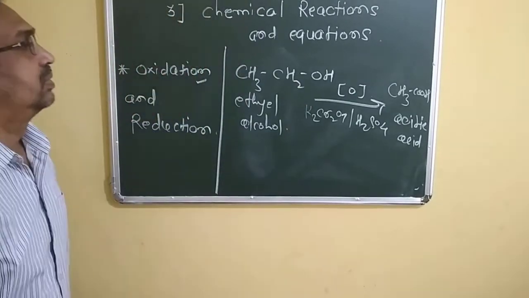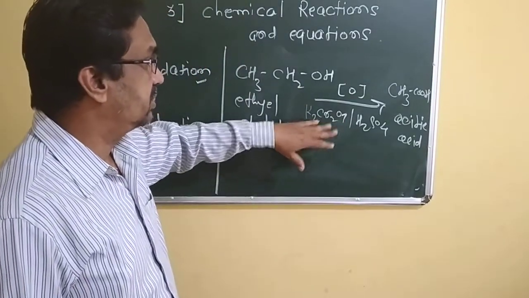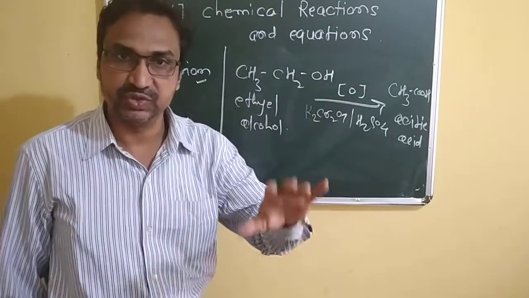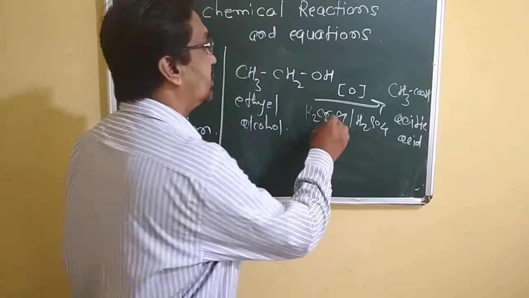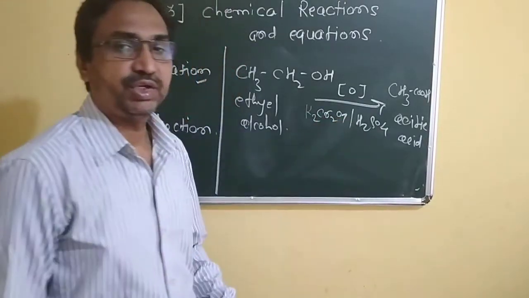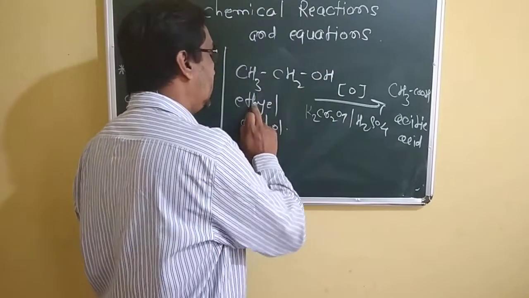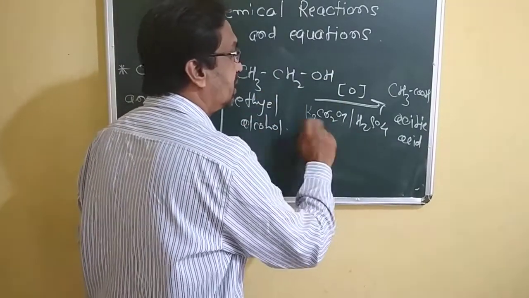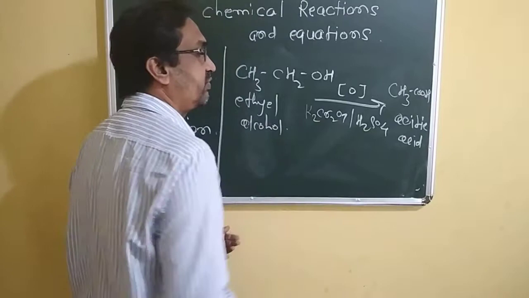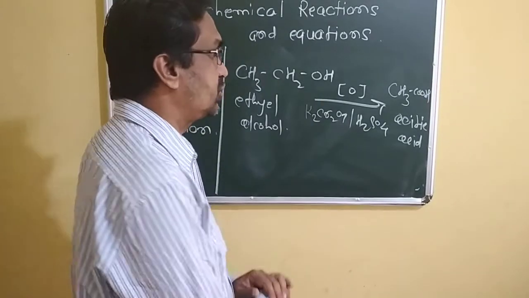The substance which provides the oxygen necessary for the oxidation is potassium dichromate. Potassium dichromate provides oxygen to oxidize ethyl alcohol in the presence of an acidified medium, that is H2SO4.